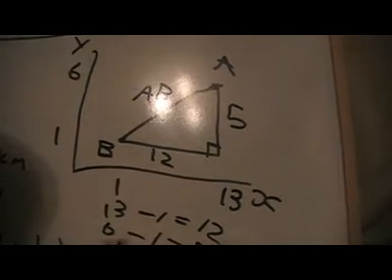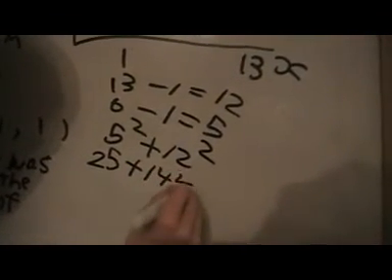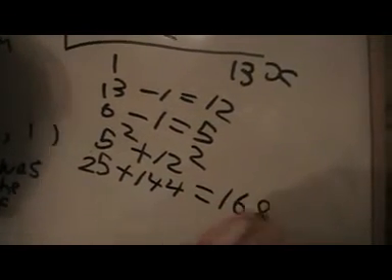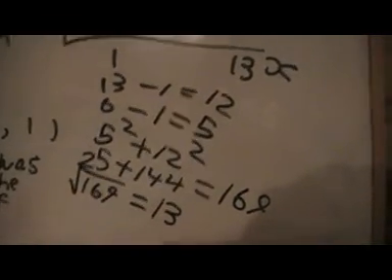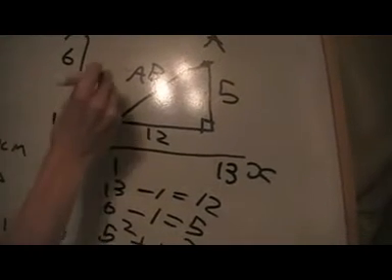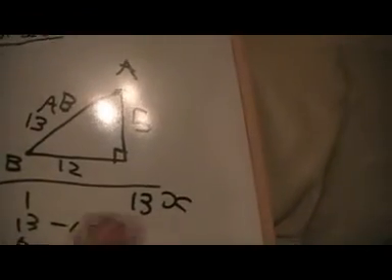So 5 squared plus 12 squared is 25 plus 144, which is 169, square root that, we get 13. So the length of this line AB is 13. That's the solution for that problem. So you take the difference in the x coordinates and the difference in the y coordinates, and then you apply Pythagoras as you would for a normal right-angled triangle, as I've just shown you in the diagram there.